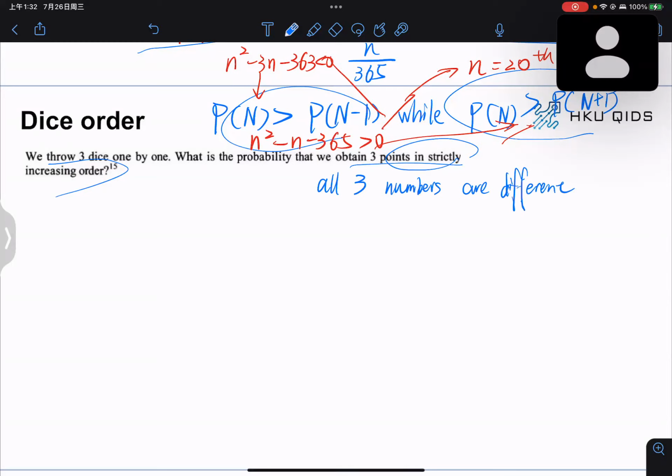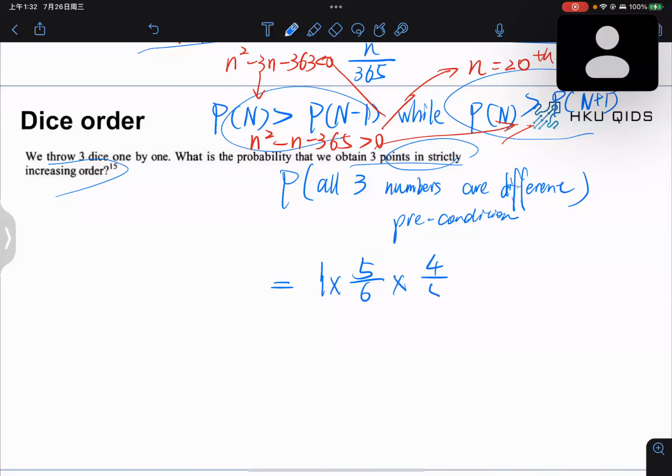This is its precondition, the prerequisite. And the probability of this one is very simple. It is just 1 multiplied by 5/6 multiplied by 4/6, which is equal to 5/9.